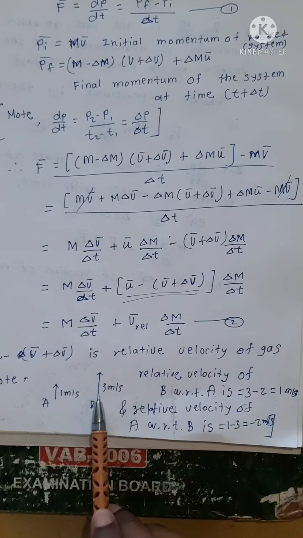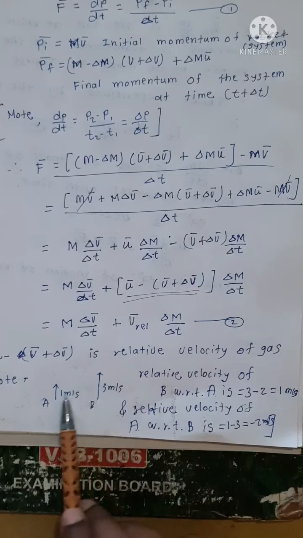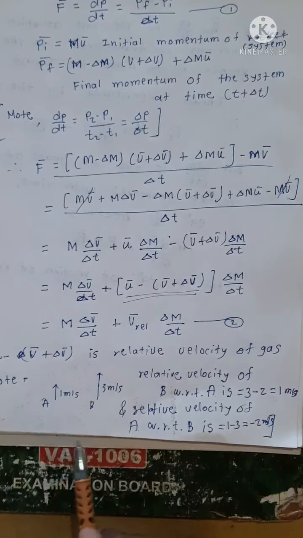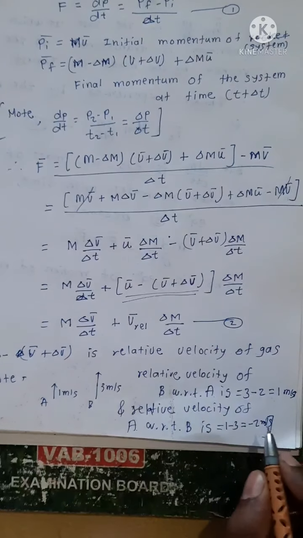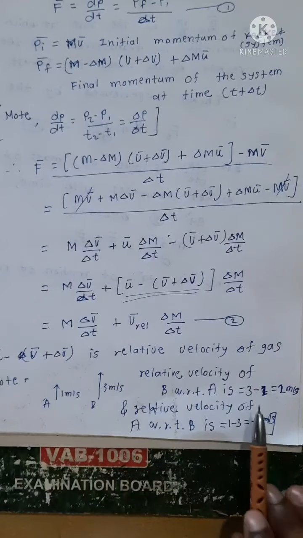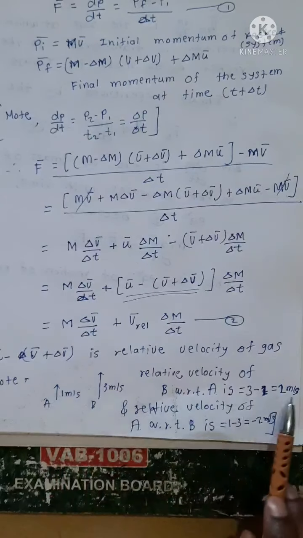If we are finding the relative velocity of this with respect to this, we need to subtract this value from this, that is 3 minus 1. There's a writing mistake here, I will just clear it out. So that will be 3 minus 1, 2 meter per second.